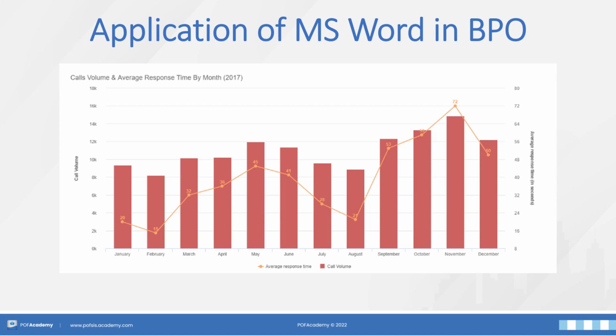First, application of Microsoft Word in the BPO department. Some BPOs are just using Microsoft Word in doing graphs, charts. They also use it in their reports and minutes of the meetings.